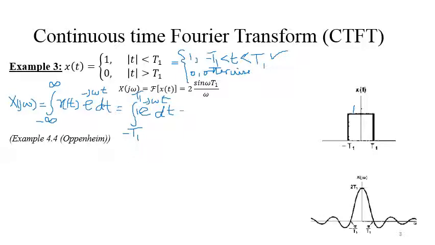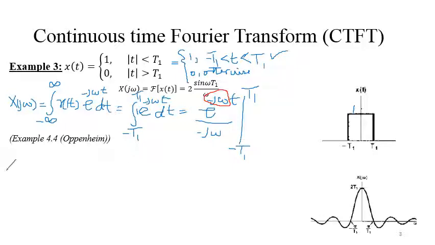If you integrate it, you get e to the power minus j omega t divided by minus j omega. It involves quite simple integration, with limits from -t1 up to t1.